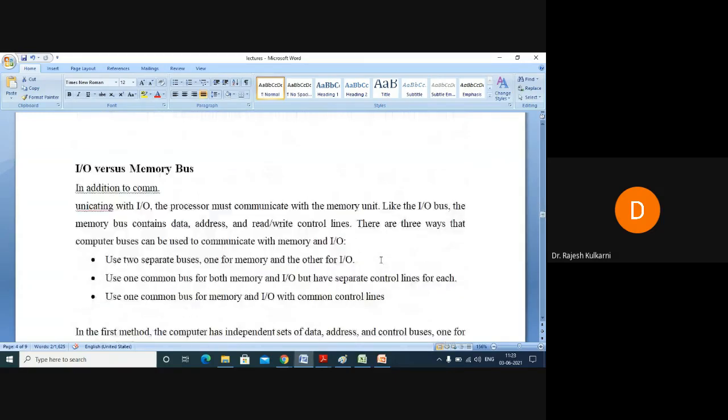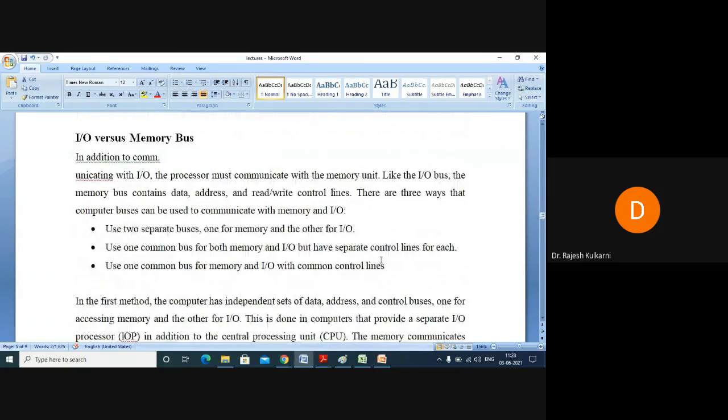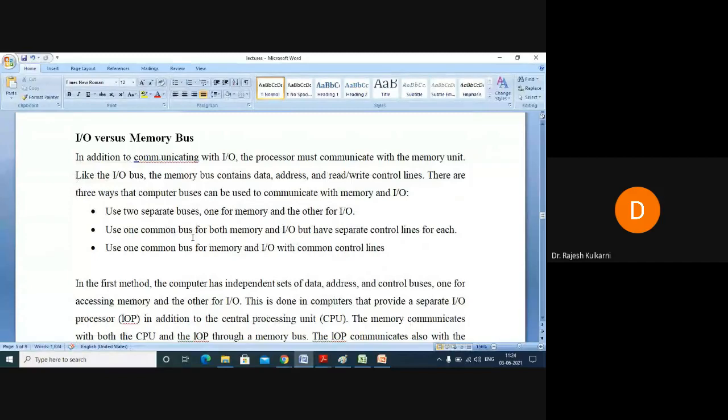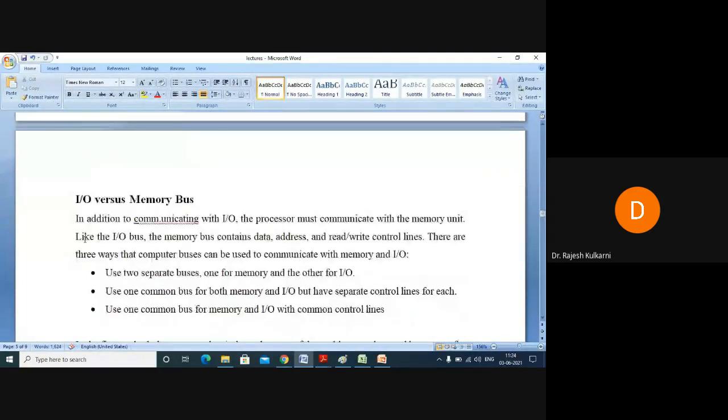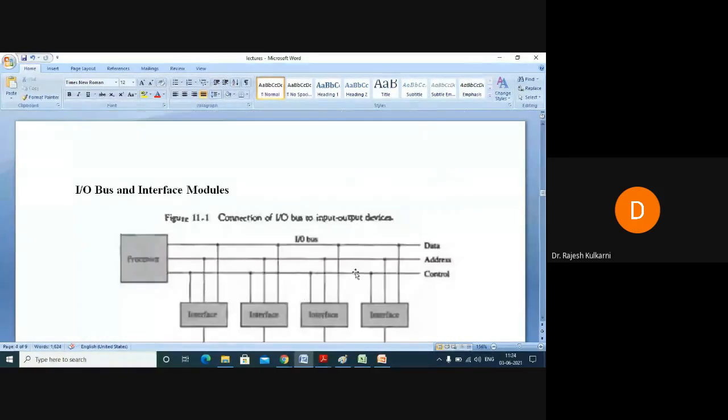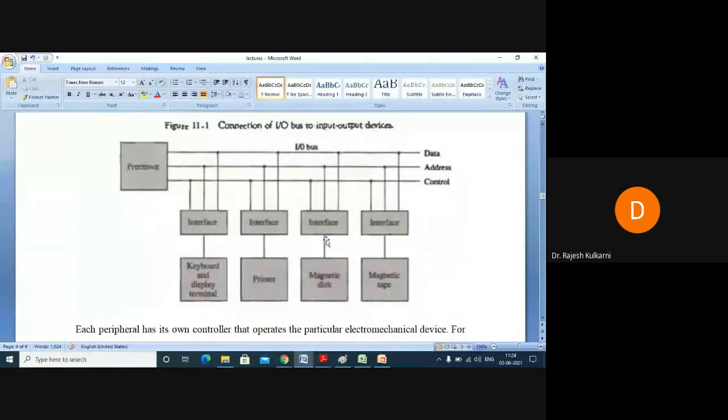So then we tried to understand IO bus versus memory bus. Is it not? So here, if you look at this diagram, what do I come to know? CPU is talking to which devices? Somebody tell me fast.